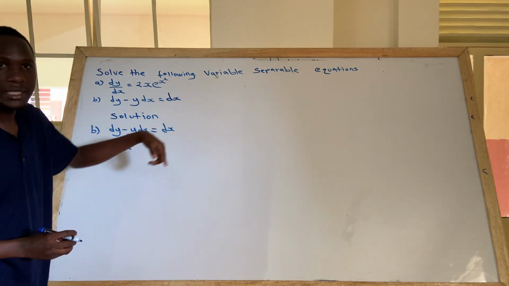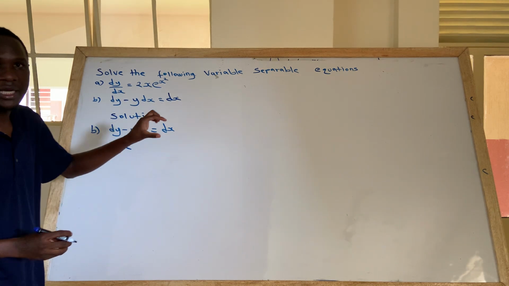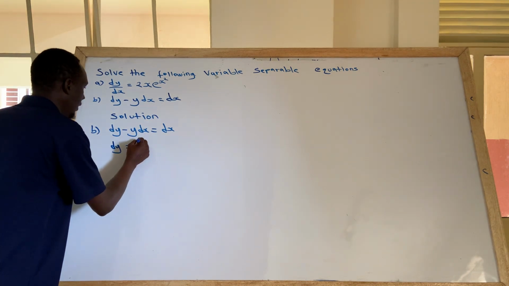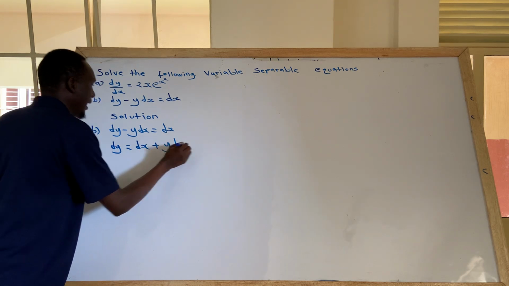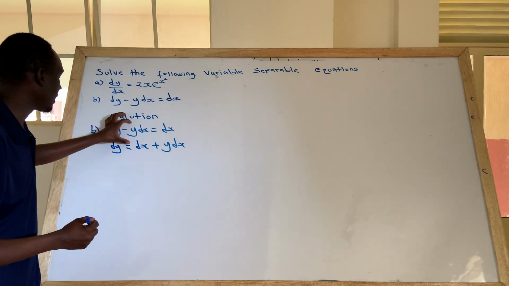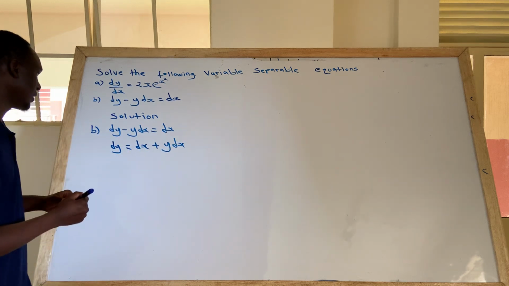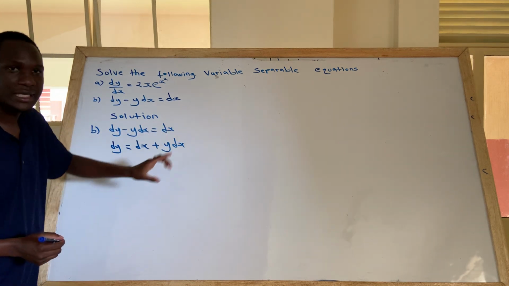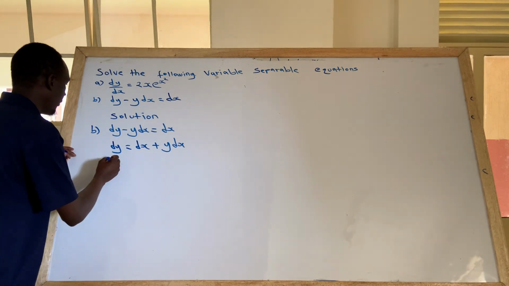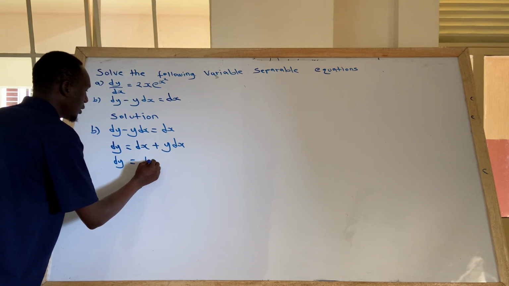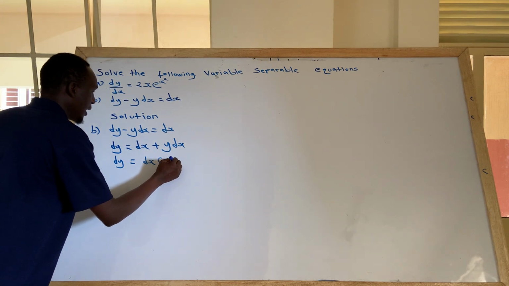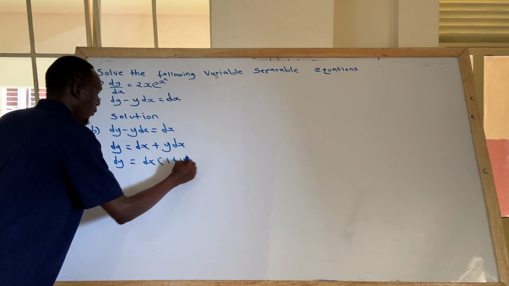When it crosses the equal sign, the negative becomes a positive. Therefore we have dx plus y dx. We have just moved negative y dx to the other side. Since you have dx and dx, you can factor out dx. Therefore we have dy is equal to dx times 1 plus y.